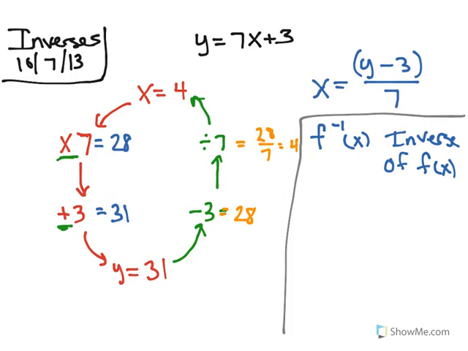So now, this actual equation will look like this. To show it's an inverse, I'll write f inverse of x equals x minus 3 over 7.